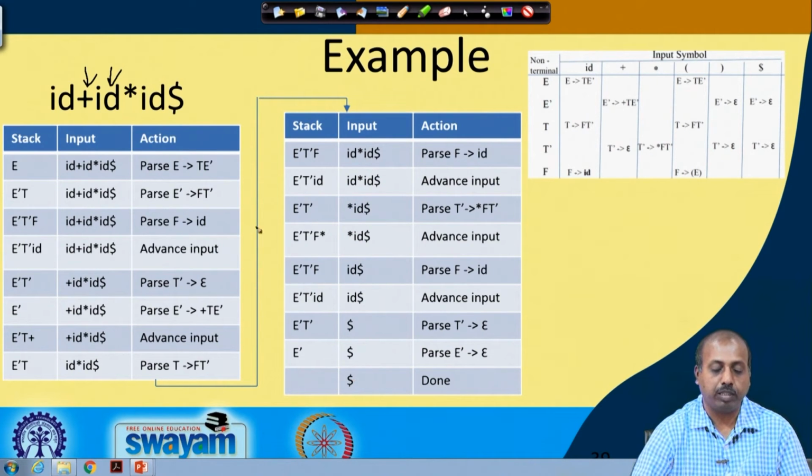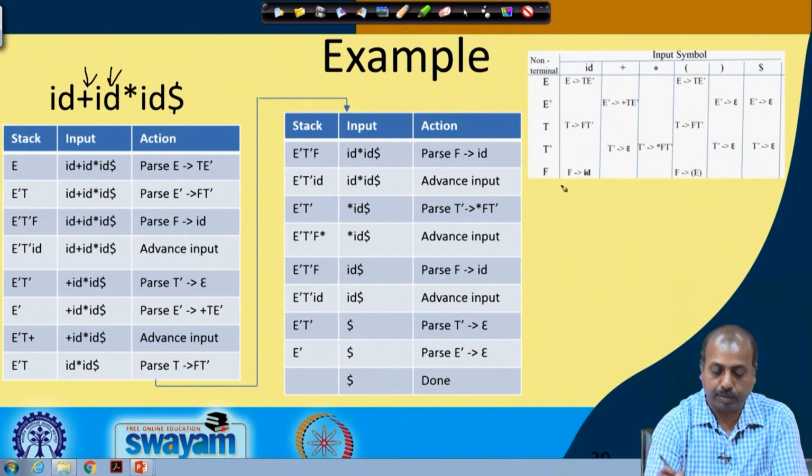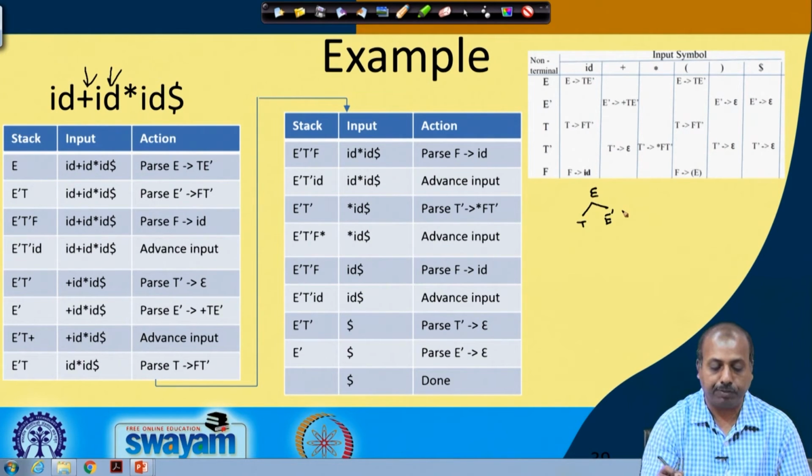In the action part we have purposefully written how we proceed, and from this you can construct the parse tree. For example, if you follow these action sets, first it says parse by e producing t e dash. So if I try to draw the parse tree, first I will do it like this: t e dash. Next it says parse using e dash producing f t dash.